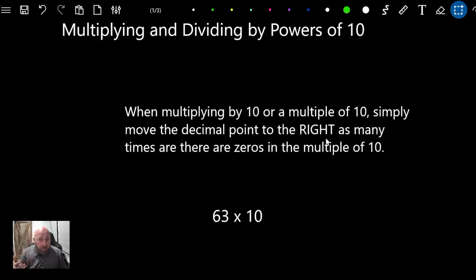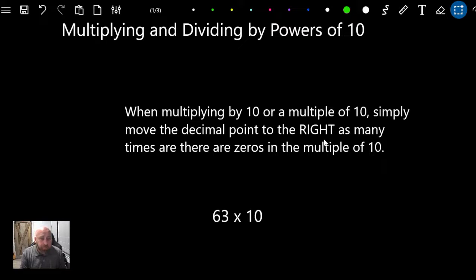We were using exponents, right? So it's like 10 to the third, 10 to the sixth, 10 to the 20th, whatever it is. It's different multiples of 10 times 10 times 10 times 10. In other words, 1,000, 1 million, things like that.